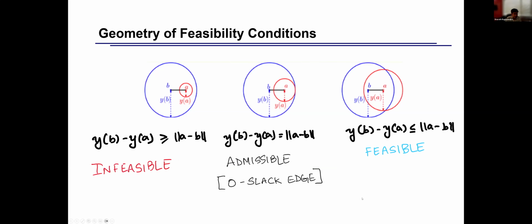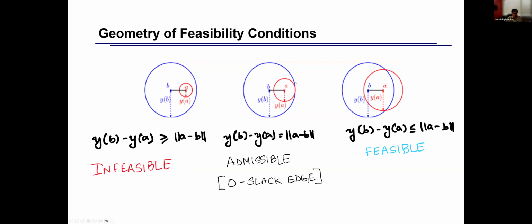Okay, now let's understand these constraints from a geometric viewpoint, right? I want you to interpret the weights as follows. Think of the weight of B, yB, as being the radius of a ball centered at B. So think of yB as the radius of this blue disk, right? And similarly, yA is the radius of this red disk.